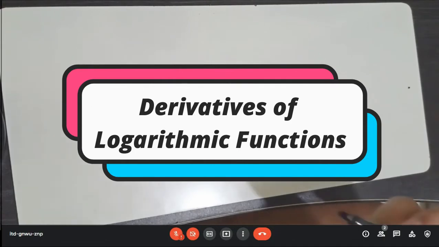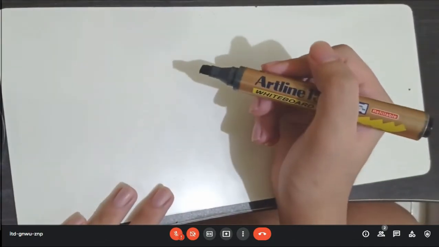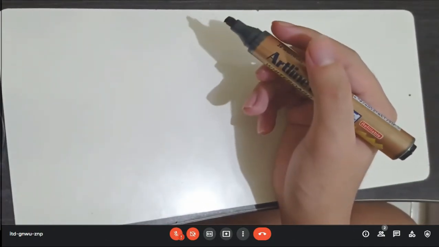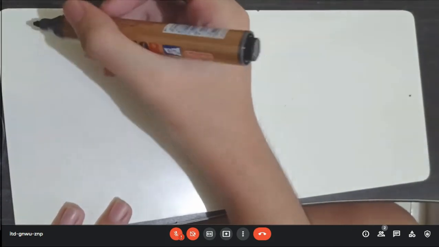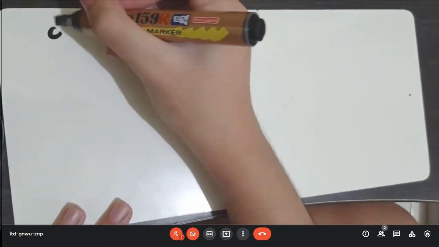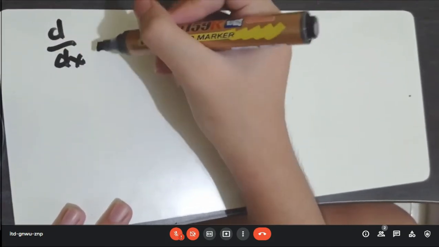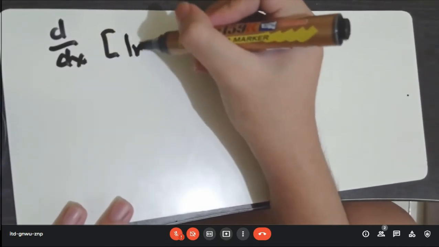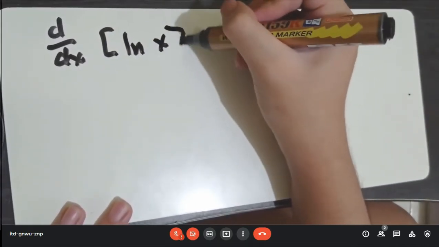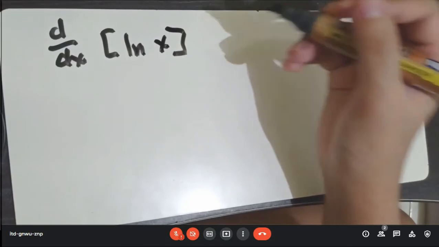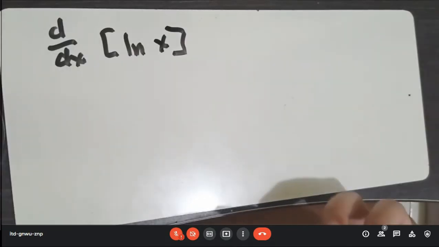Hello everyone, today we're gonna talk about the derivative of logarithmic function. Here's the first example. The derivative of ln x, and there's a formula that you need to remember.